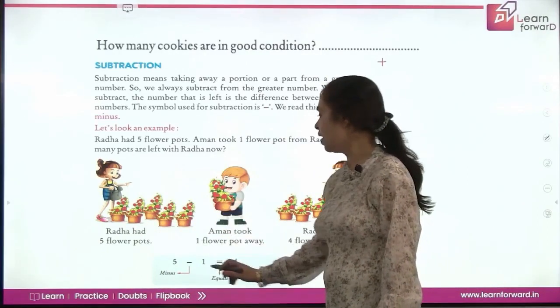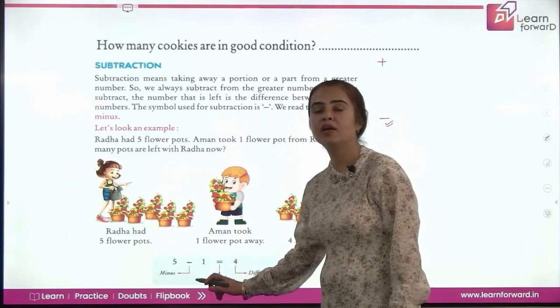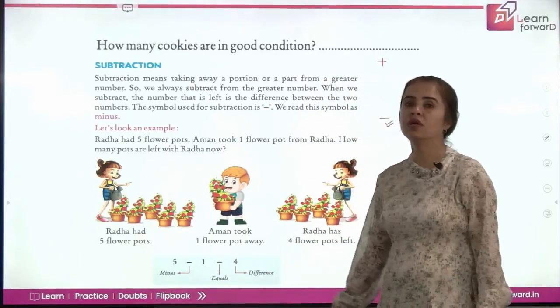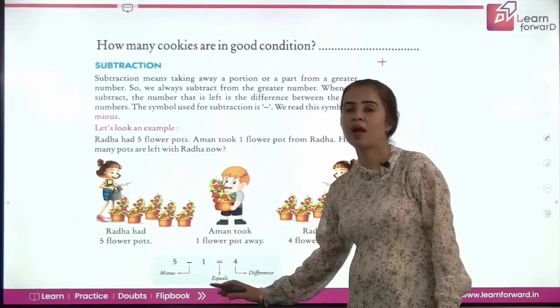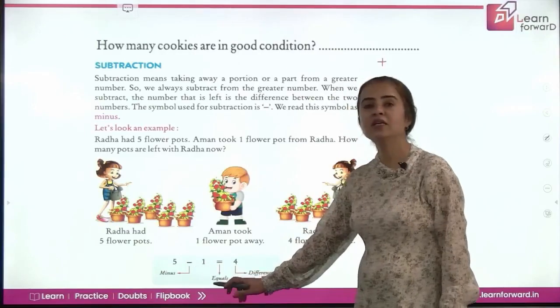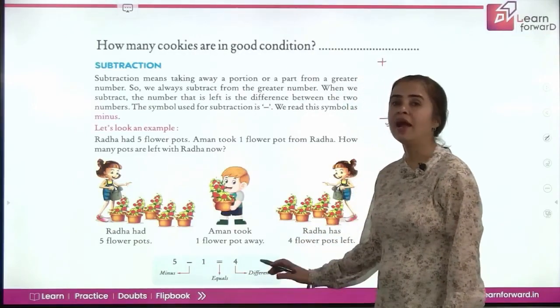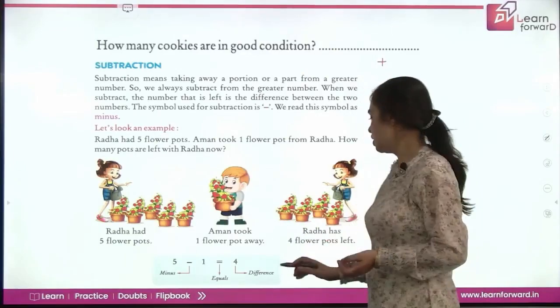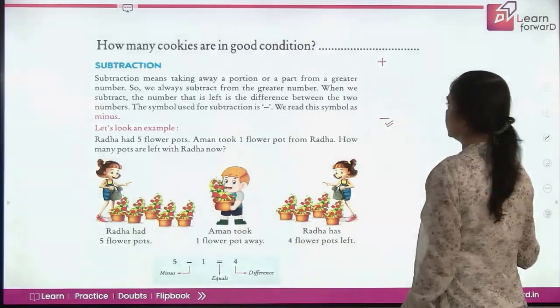Aman took away 1. So 5 minus 1 gives you the answer 4. So we write is equal to 4. We read it as 5 minus 1 equals 4. So here this is the minus sign, this is the equal to sign and this answer is called the difference, right? So this is the difference.